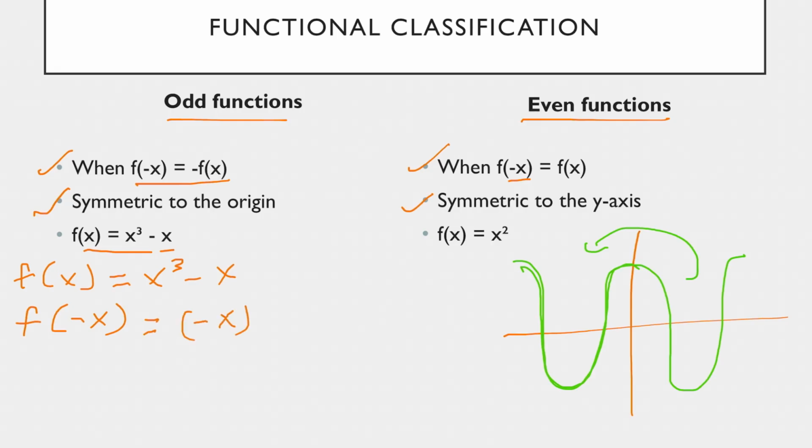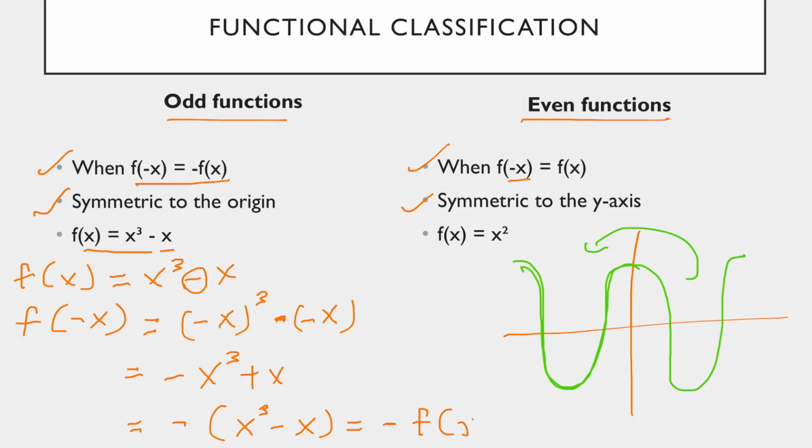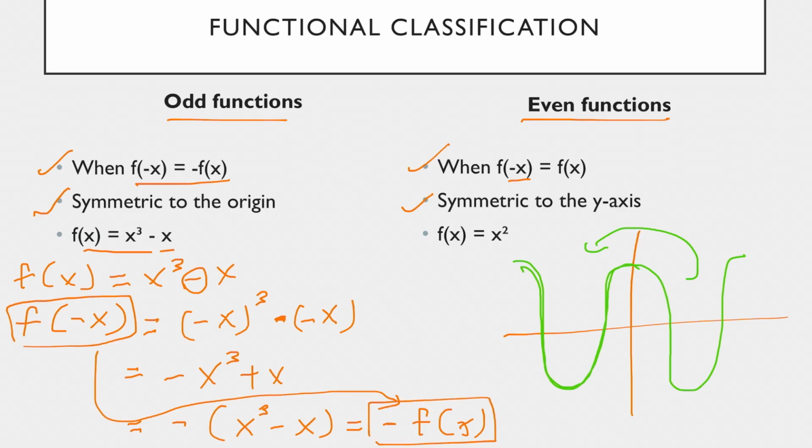You have negative x to the power 3, and a negative sign here, negative of minus x. Negative x cubed will remain negative x cubed, and the minus minus becomes a plus. We have plus x. You take out the negative from it, you have negative of x cubed minus x, which is, in fact, x cubed minus x, originally f of x, with the negative sign in front. So this shows that f of negative x is the same as negative of f of x.